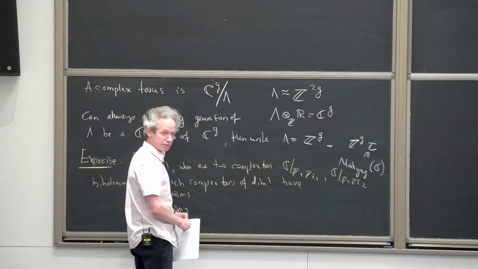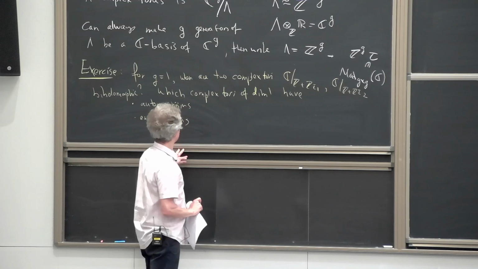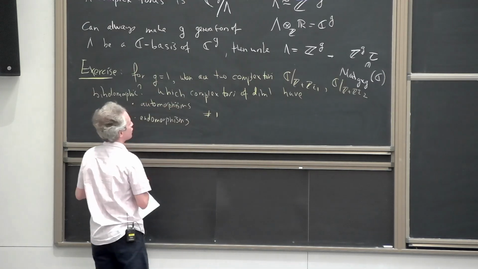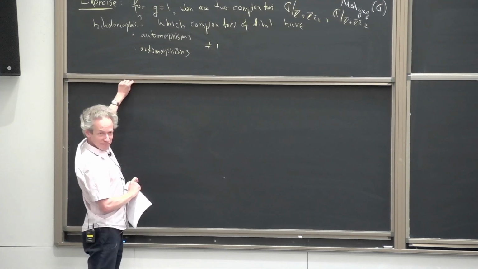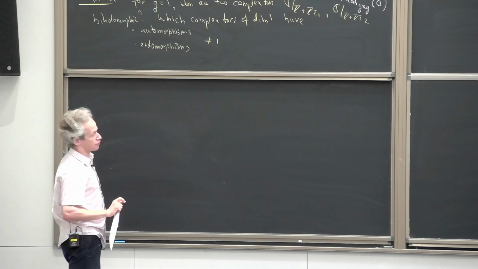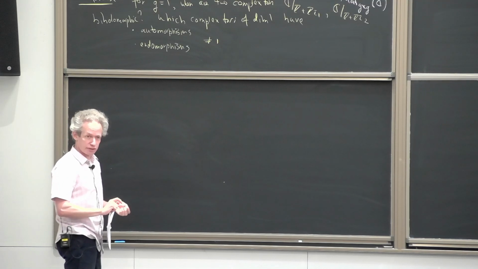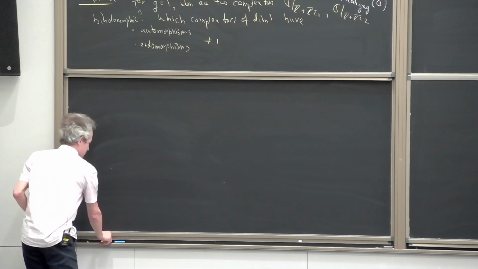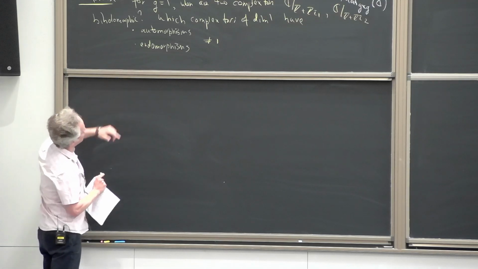Understanding what these words mean is part of the exercise. I want to say this, and then it's up to you to interpret the problem. So the correct question would be not which complex tori have automorphisms or endomorphisms, but describe the group of automorphisms or endomorphisms of each complex torus, which would address Pasha's concern.